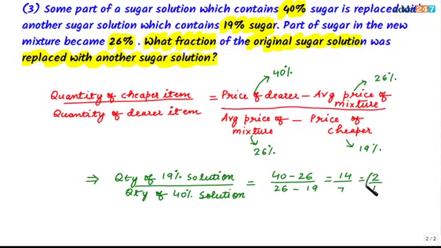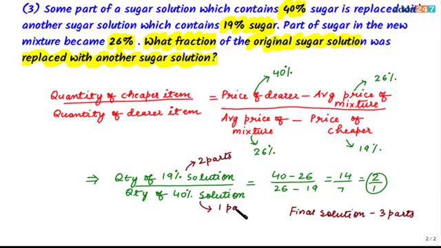So what this means is that if we consider in the final solution we have 3 parts, then 2 parts are of 19% solution and 1 part is of 40% solution.